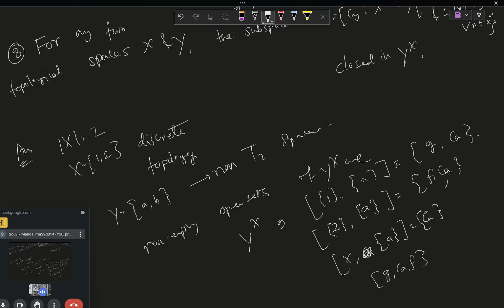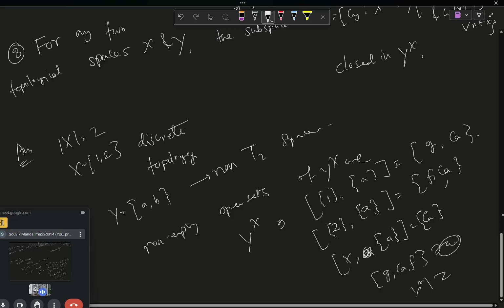All of which contain the constant functions, which shows that Y to the power X minus the set is not open.